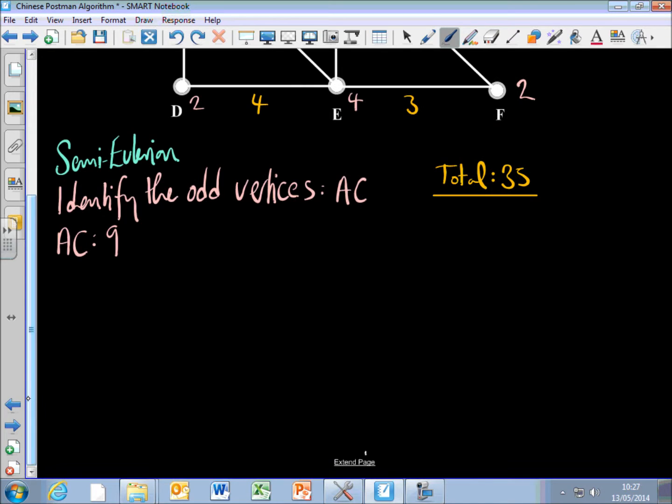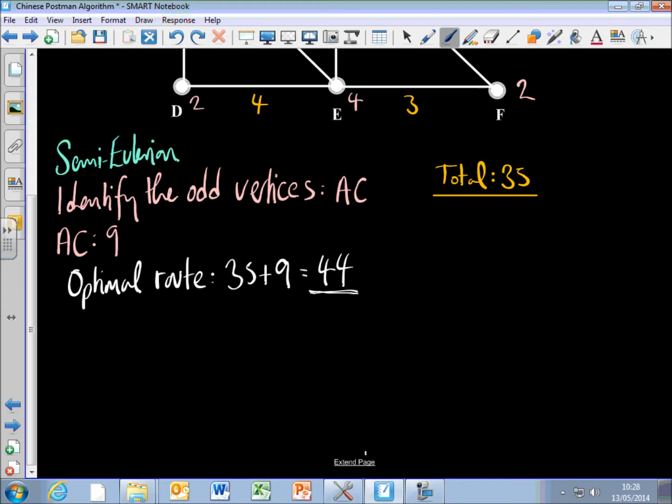So the optimal route is 35 for every edge, plus 9, the bit I've had to do again to make it Eulerian. So that's going to be 35 plus 9, which is 44. And that's usually what you're asked to do.